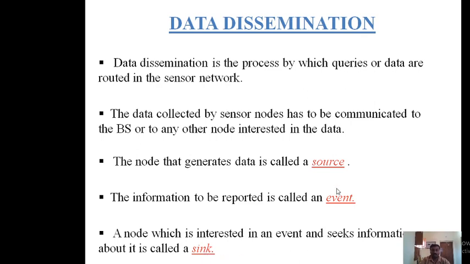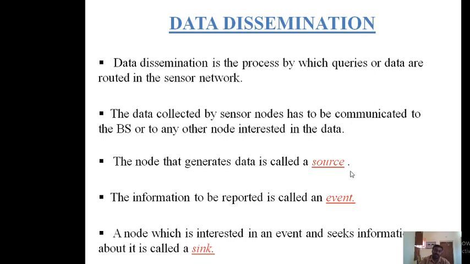What is meant by a source node? The nodes which generate the data are called source nodes, and these nodes simply generate the data. That information is reported by some other nodes, and those nodes are called event nodes.